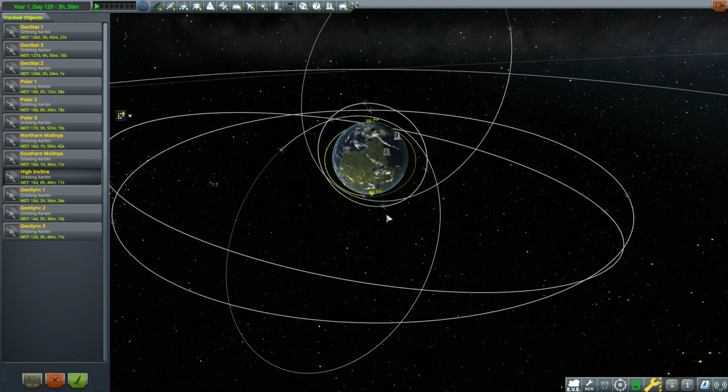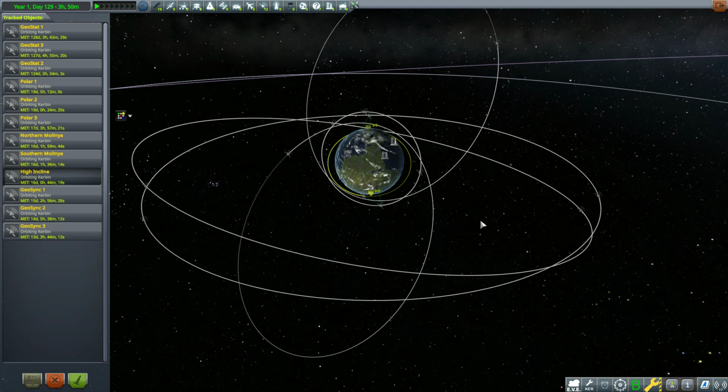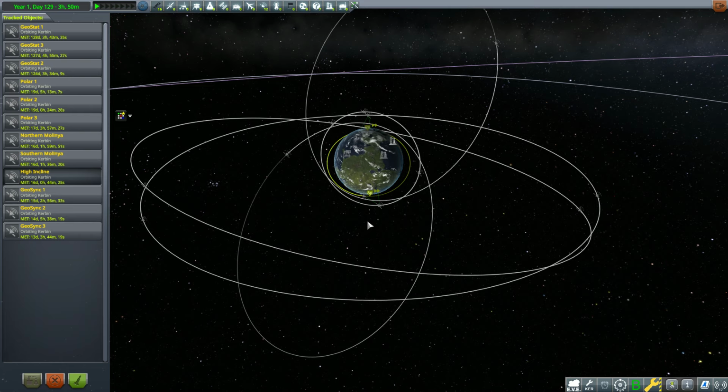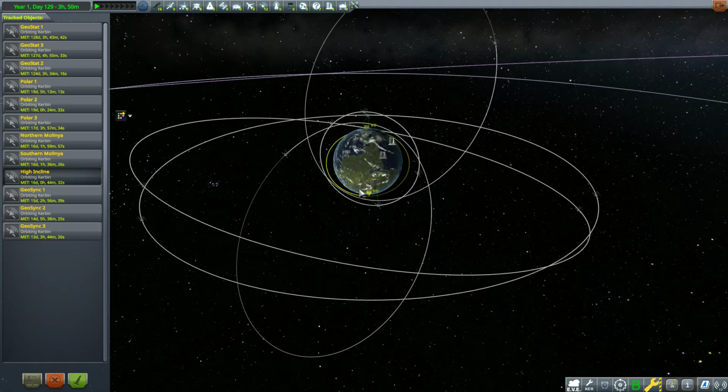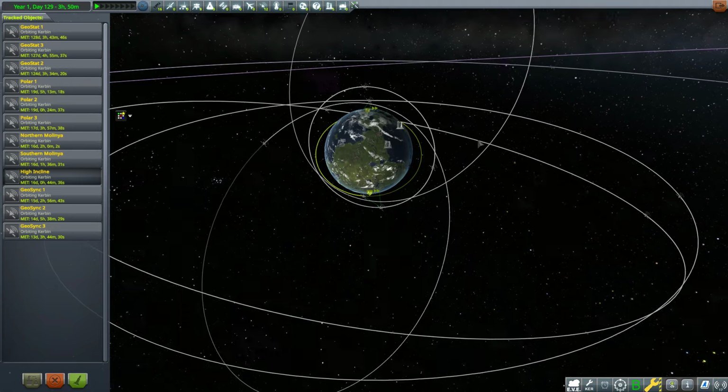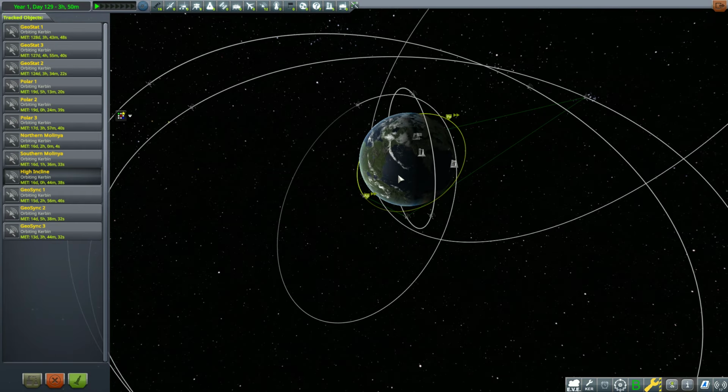There are a few other types of orbits. So again, you have geosynchronous, geostationary, Molniya, polar, your general inclined orbits. You have elliptical orbits of various degrees.